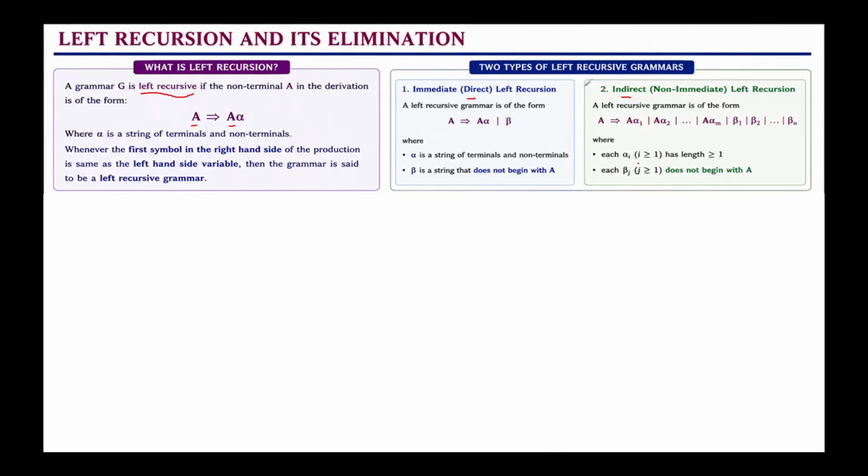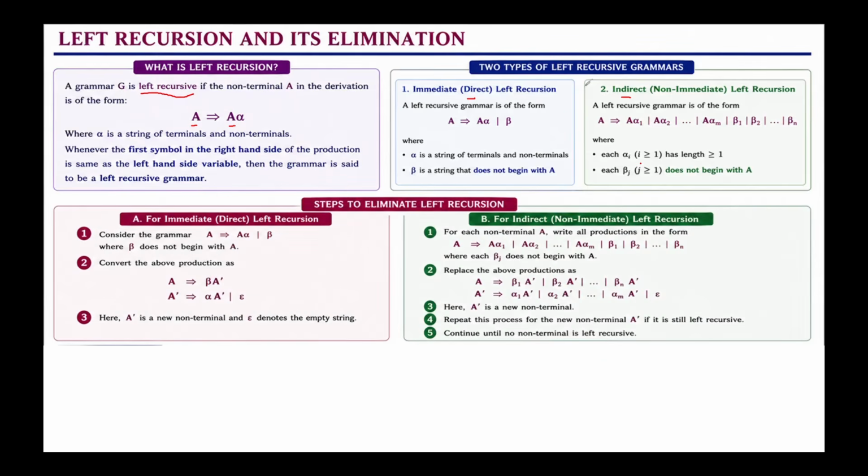Here alpha i, where i is greater than or equal to 1, means the length of those productions will be greater than or equal to 1, and beta is some set of productions or non-terminal symbols that does not begin with A. So these are the two types of recursion that we have. We'll see how to eliminate this recursion.